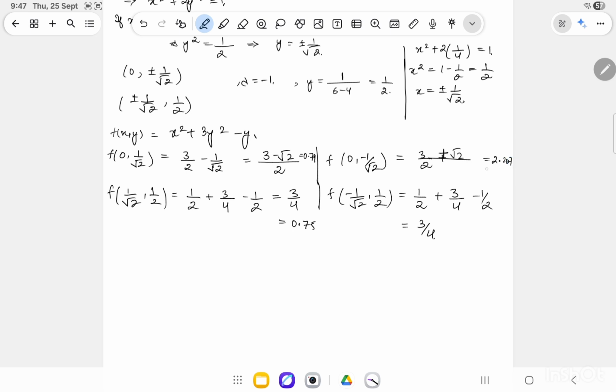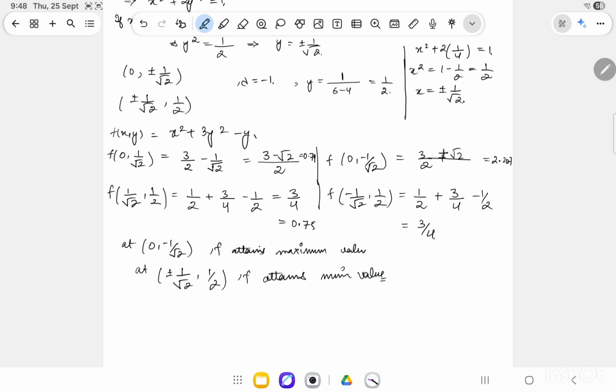So you can see that at (0, minus 1 by root 2), f attains maximum value, and at these 2 points, that is at (plus minus 1 by root 2, 1 by 2), f attains minimum value.